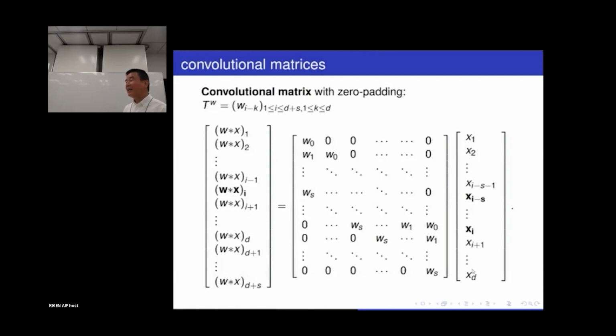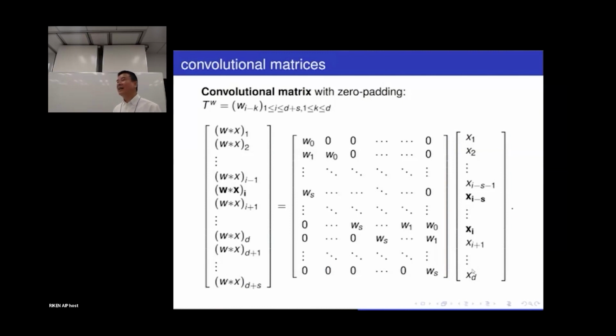Since you cannot use the 0 padding, you have to reduce the range for the convolution. You can only do the convolution inside of the image. So with a small matrix, you take dot product with parts of the image, but you can only take the inner product inside of the image. So that's why the size of the image will be smaller and smaller. So you have to use many, many channels to extract enough features.